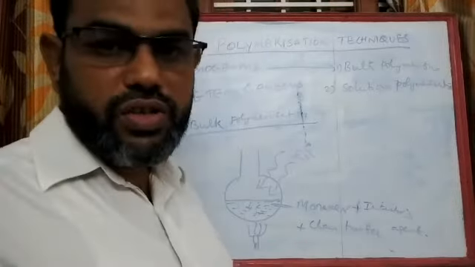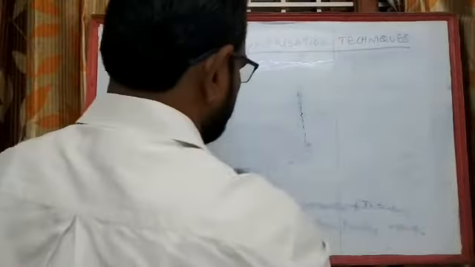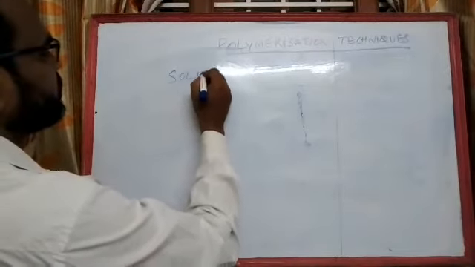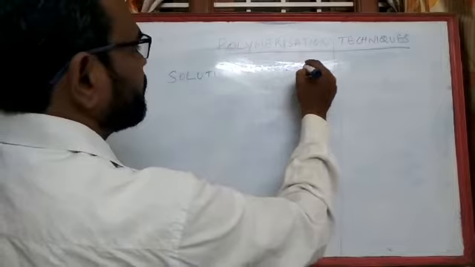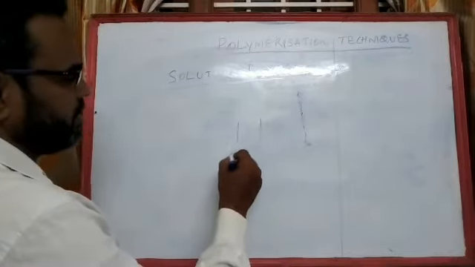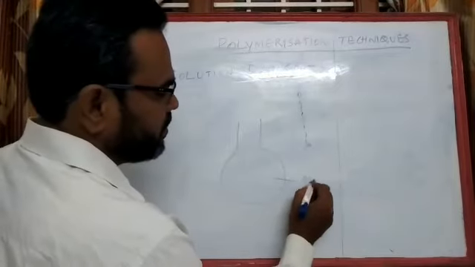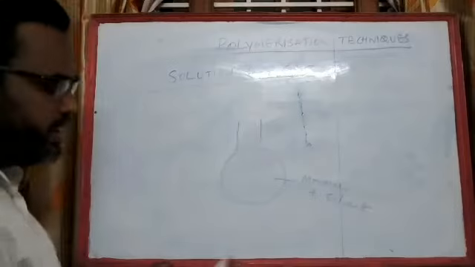Now let us see solution polymerization. This is the second case, in which, assume this is a reaction vessel, we take the monomer dissolved in a suitable solvent.